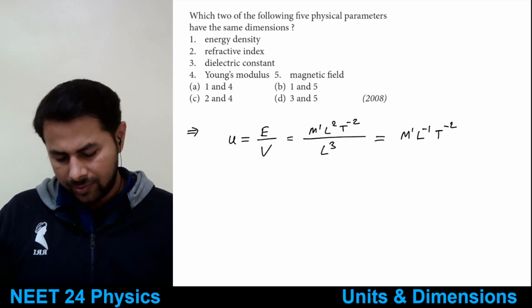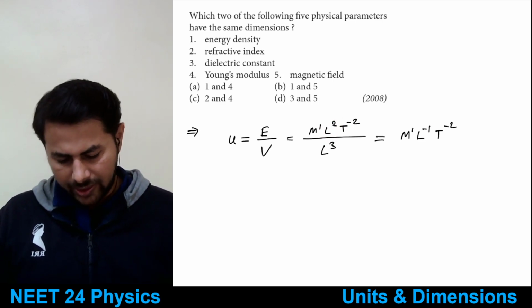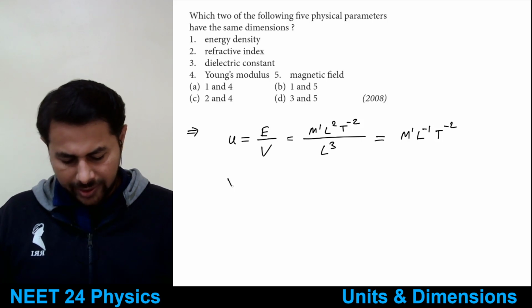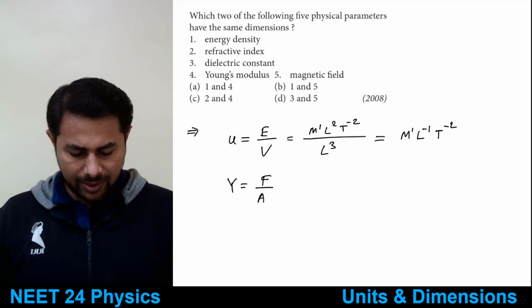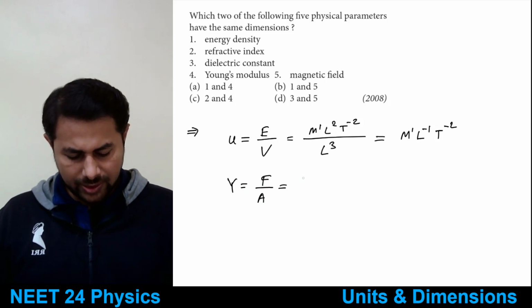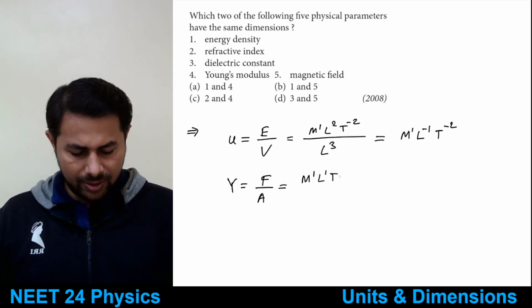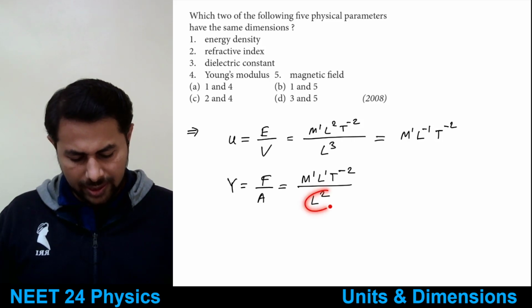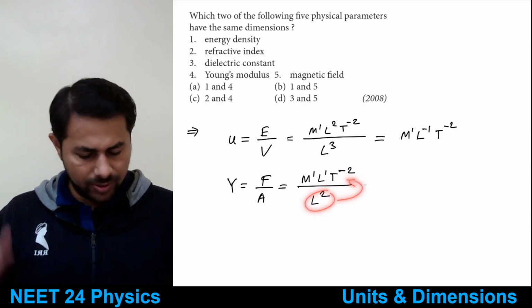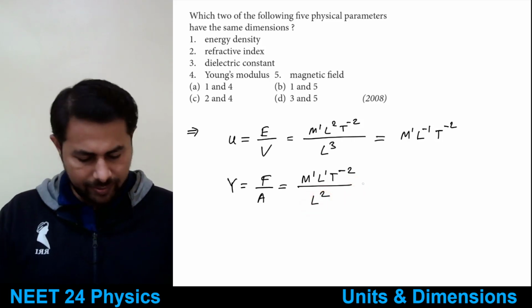Then you have Young's modulus. What is Young's modulus? Young's modulus is force by area. So force is M1 L1 T to the power minus 2 divided by area. The area is L to the power 2. Take it to the numerator, it becomes L to the power minus 2.